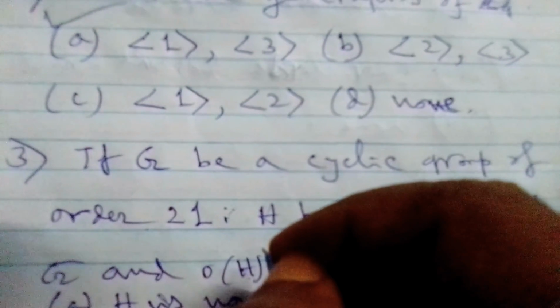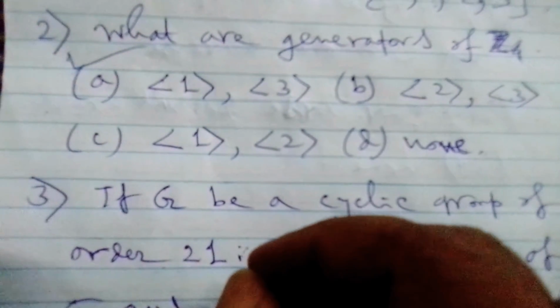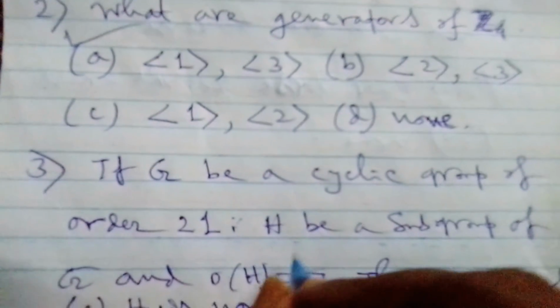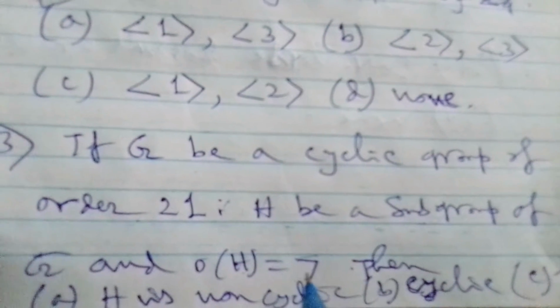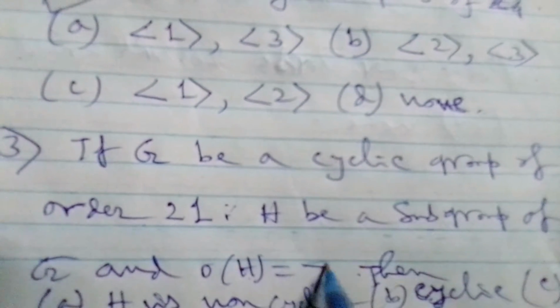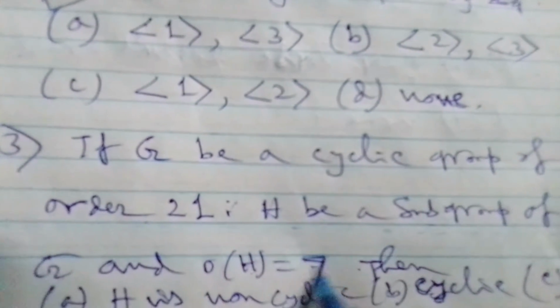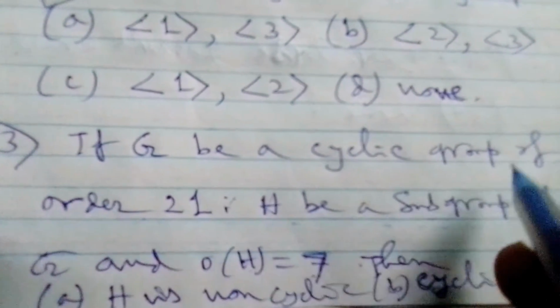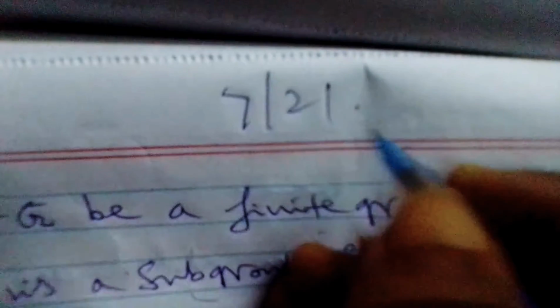We have to consider a theorem: a subgroup of a cyclic group is cyclic. This is given, and by Lagrange's theorem it is a subgroup. The order of H is 7 and the order of G is 21, so 7 must divide 21.